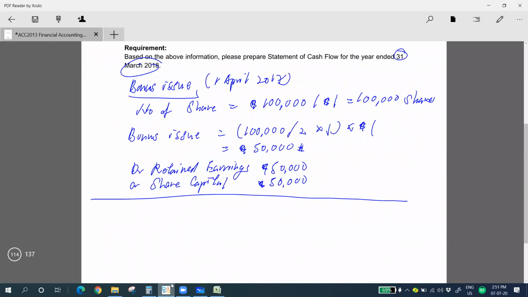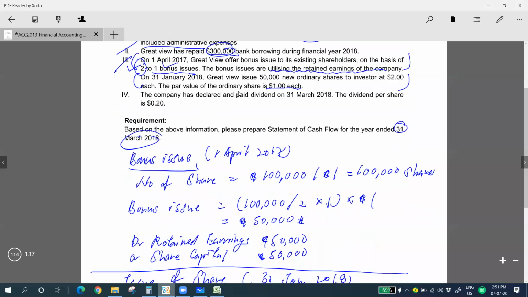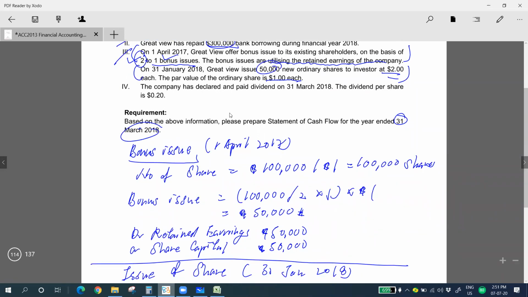The next information is regarding the issue of share. This issue of share happened on 31st January 2018. This is the second event. They say that they issue 50,000 new ordinary shares at the selling price of $2 each. The par value is $1.